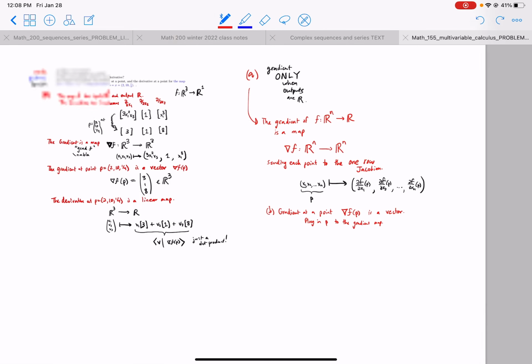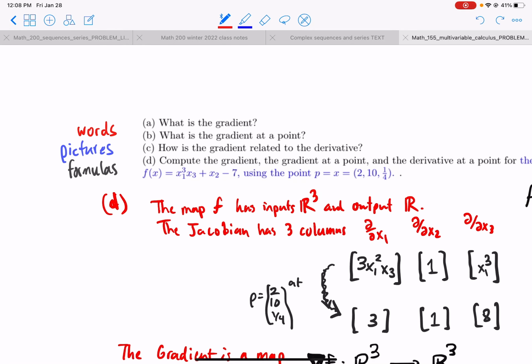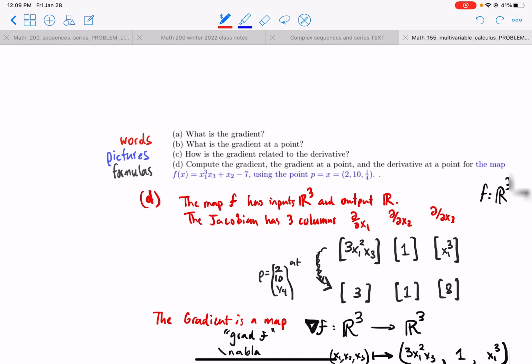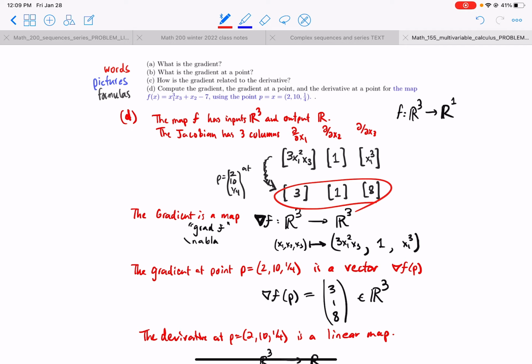Okay. Part C. So what is the gradient? It's that map sending a point to its one-row Jacobian. What is the gradient at a point? Just plug in the point and you get an actual vector. That one-row Jacobian just becomes a list of n numbers, like 3, 1, and 8.